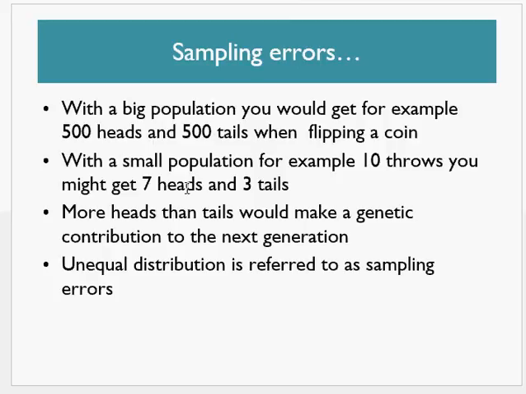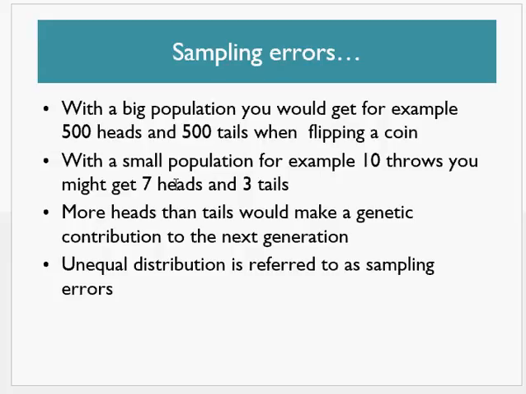You would more likely get maybe 7 heads, or maybe even 8 heads and 2 tails, or the other way around, 8 tails and 2 heads, or maybe 3 and 7 or 4 and 6. Okay, so you would be much more likely to get a biased passing on of the alleles from one generation to the next in a small population.